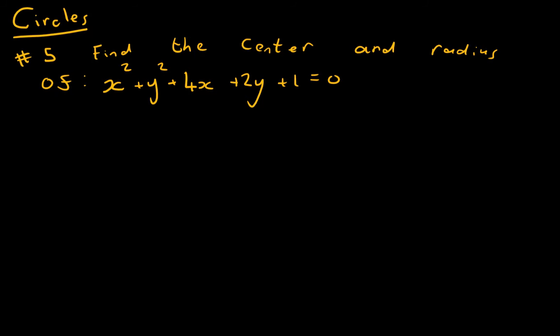Okay, so this picks up on using another method, and considering the previous slide, recognizing the limitations of the previous method which we used. So we need to move from general form to standard form.